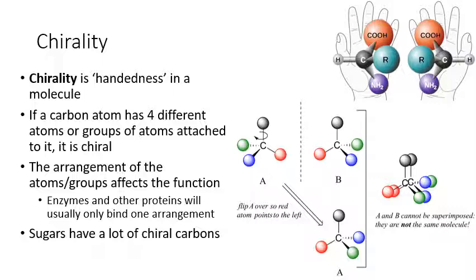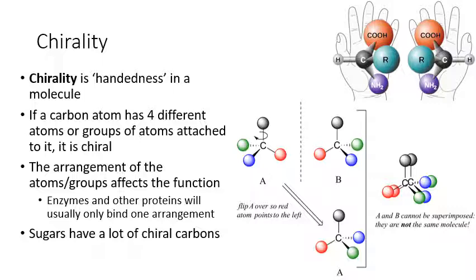And I guess before we move on, I'll just mention that this affects certain drugs as well. Some pharmaceuticals do have a carbon somewhere in there with four different things attached to it. That's actually pretty common to find. So for a lot of those drugs, when you're producing it, you have to make sure that you're getting the right version. You're getting either only the left-handed version or only the right-handed version.